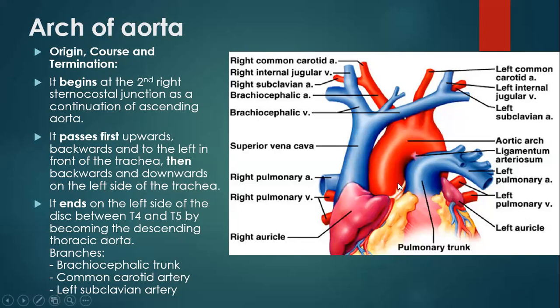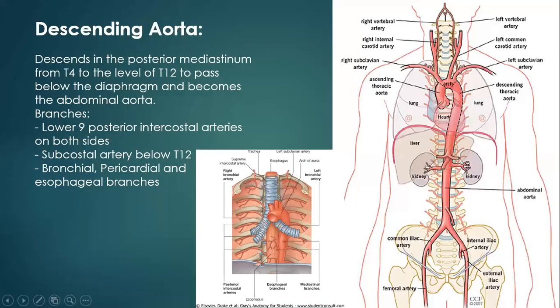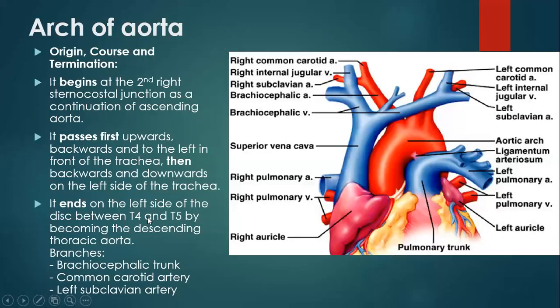That is the site where the arch of the aorta begins as well as ends, from the right side towards the left side. It ends by becoming the descending thoracic aorta, as you can see here. This is the ascending aorta, the arch, and now it becomes the descending thoracic aorta.